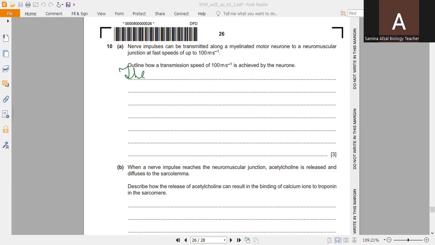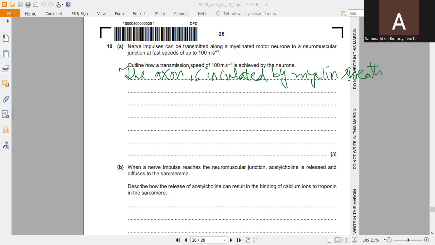The axon is insulated by myelin sheath, which is formed by the Schwann cells.